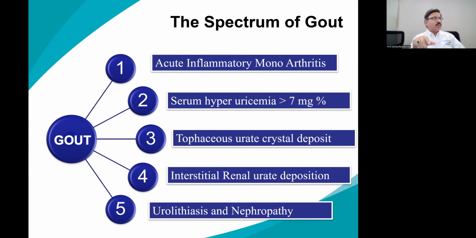Interstitial is not in the tubes, it is in the parenchyma of the kidney. Here, urolithiasis and nephropathy can occur. So: acute inflammatory monoarthritis, hyperuricemia alone, tophaceous and crystal gout, interstitial nephritis with deposition of urate in the interstitium, and urolithiasis, where uric acid stones themselves can form and cause nephropathy. These are the 5 ways it presents.